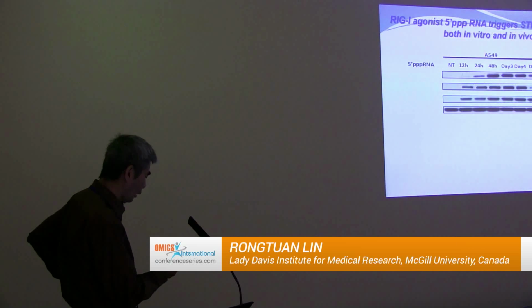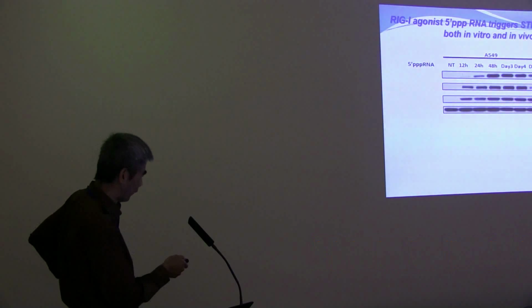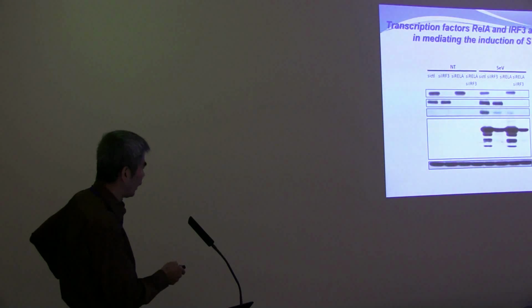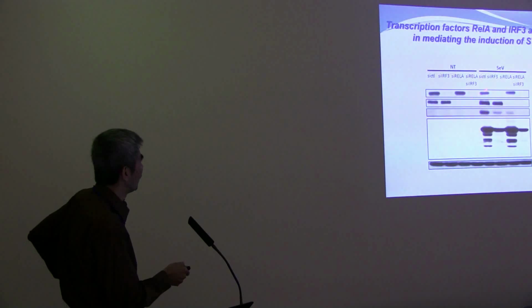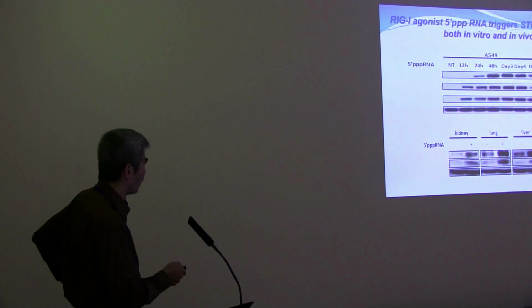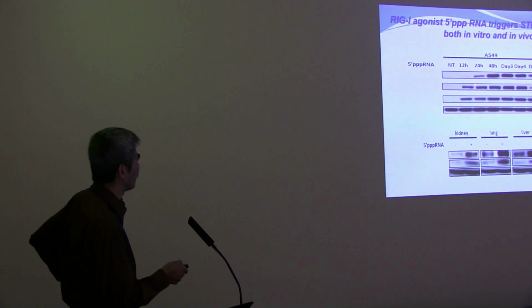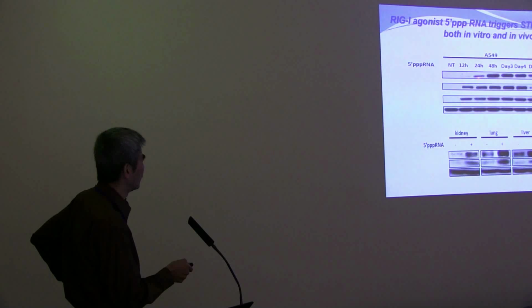So then my student performed kinetics. The data show that, unlike the IRF3 genes, which can be quite rapidly induced by RIG-I, these two ISG genes can be quite rapidly induced by 5' ppp RNA, but the STING induction by 5' ppp RNA can only be detected after 24 hours.